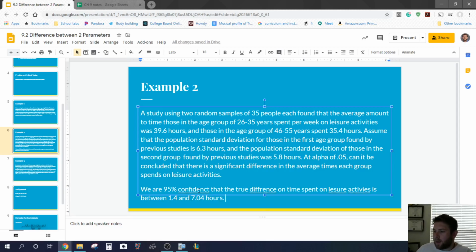Okay, sorry for the spelling. I'm typing very quickly. I'm trying to get to the point so I don't make another third video. Okay, so that's the interpretation of the confidence interval.